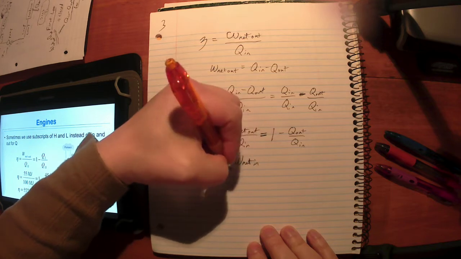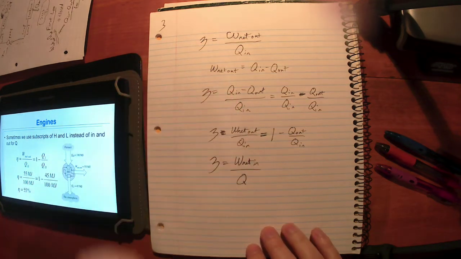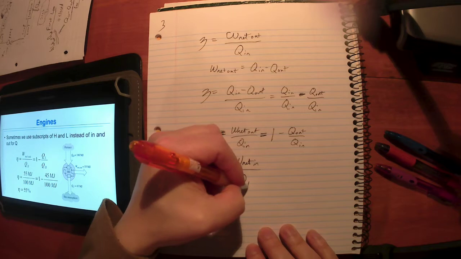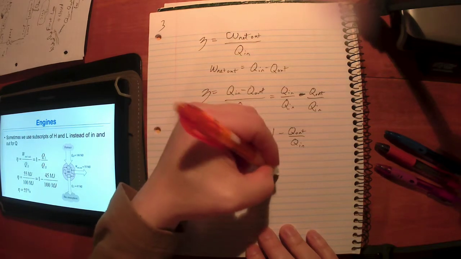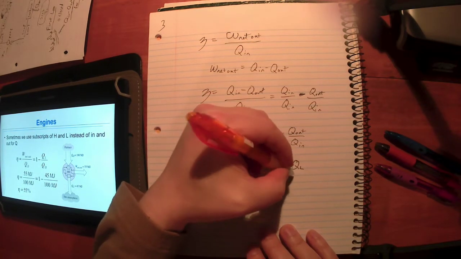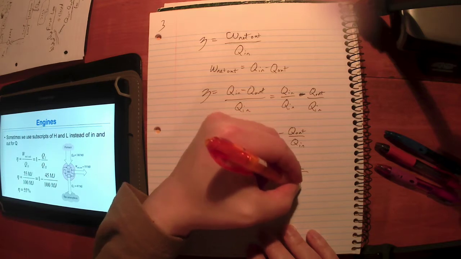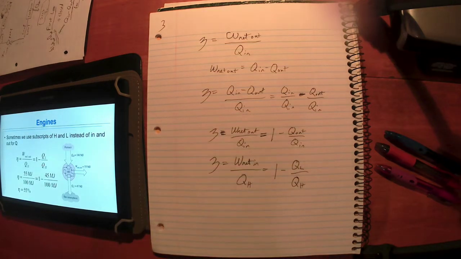That's going to be helpful when we talk about refrigeration cycles in just a little bit. So the heat in is coming from the high temperature side. This is 1 minus the heat to the low temperature side divided by the heat in from the high temperature side.